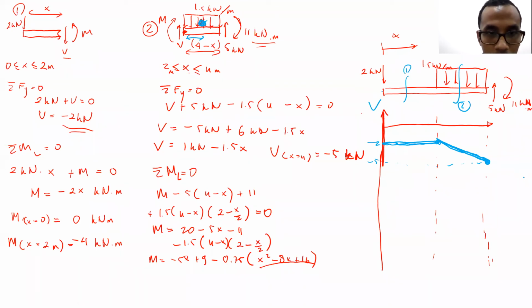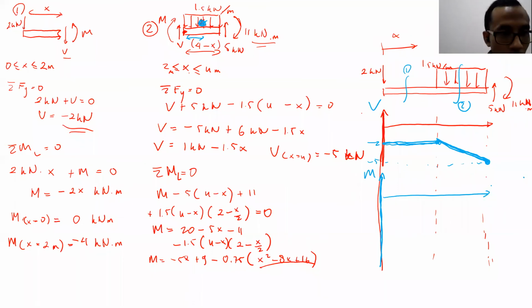This one is the moment diagram. From 0 at x equal to 0, then minus 4 kilonewton meter at x equal to 2 meter. So it's linear.